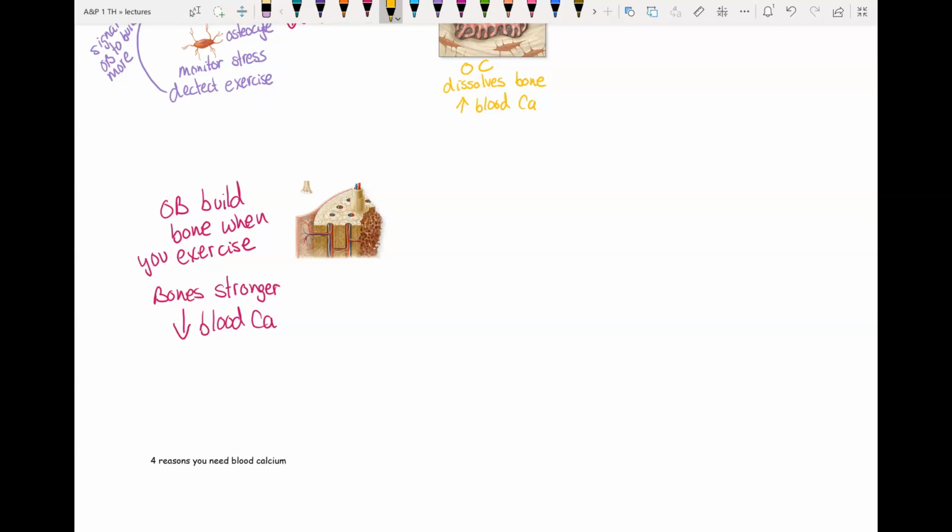On the other side, you have your osteoclasts dissolve your bone. This is controlled by hormones that tell them if they should work more or work less based on what your blood calcium is.